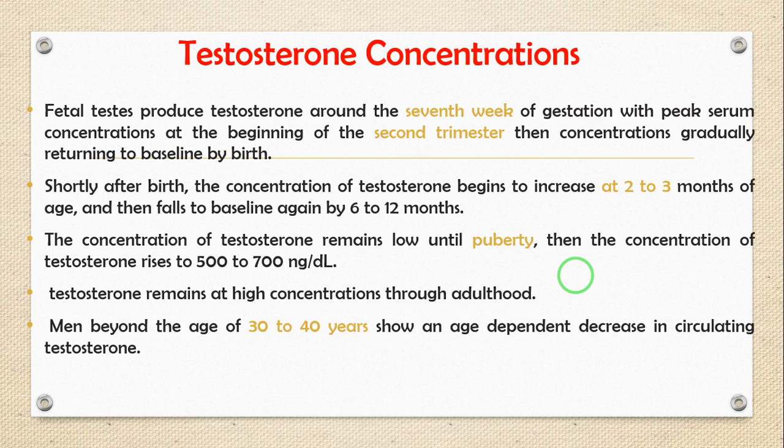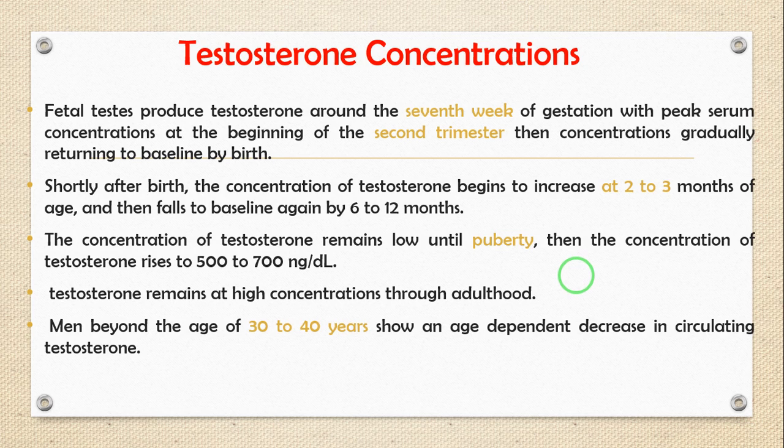Testosterone concentration is not fixed throughout all stages of life. The importance of knowing this fact is that it is very important during the interpretation of the level of testosterone in different stages of life.